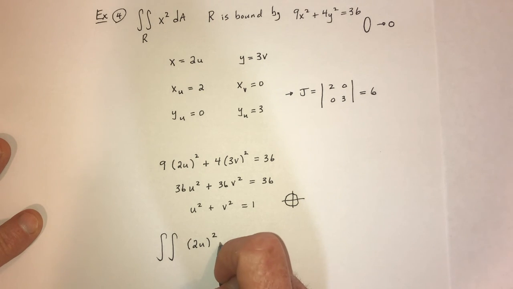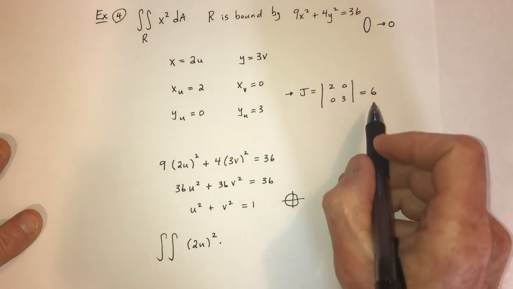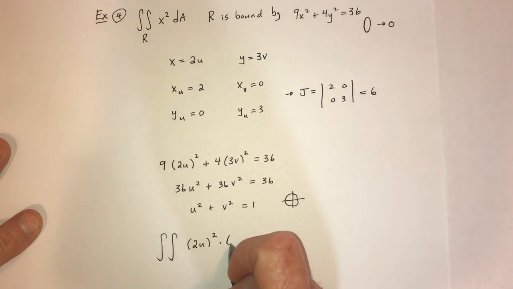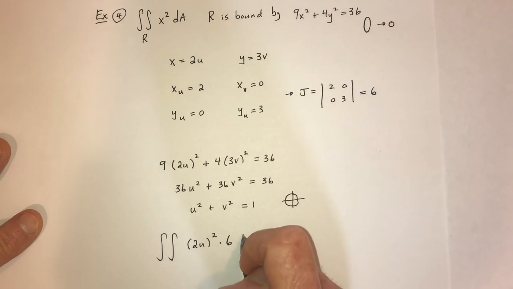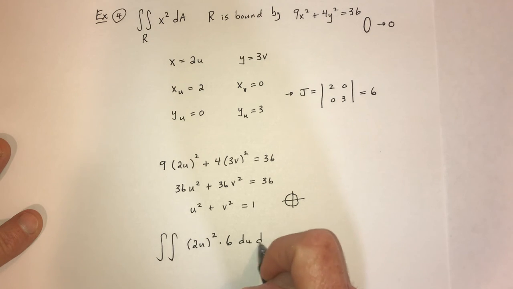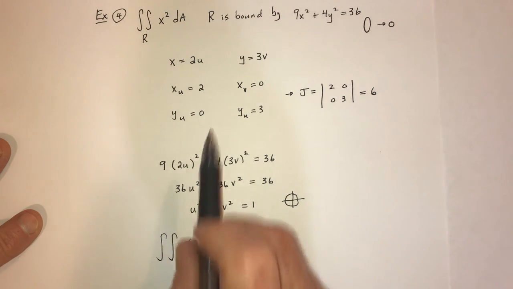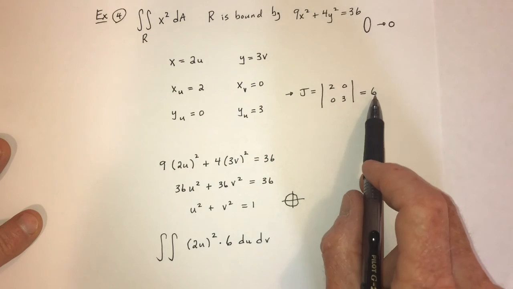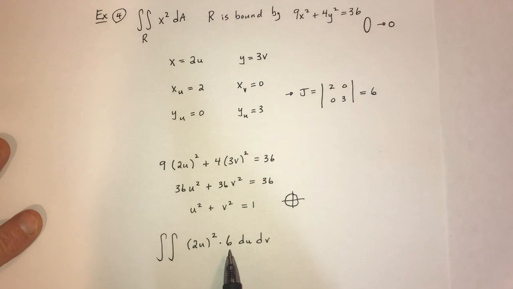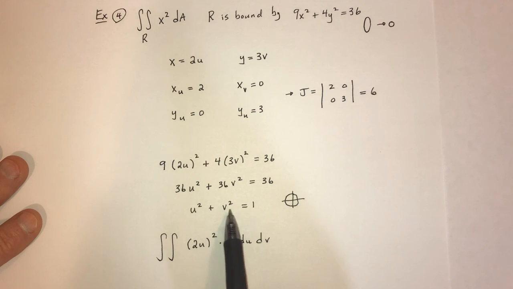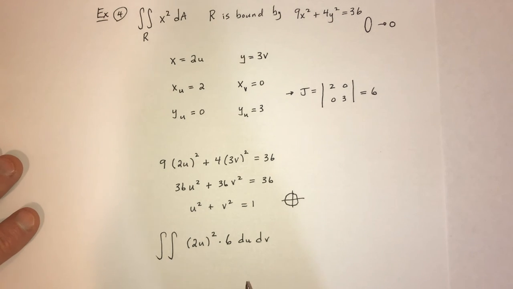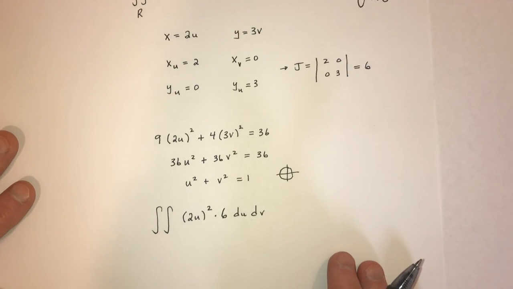And then it's times the Jacobian, so times 6. And then du and dv. So that's just the basic substituting these in and the Jacobian. And then with the limits, I could solve for v and it would be the square root of 1 minus u squared and start putting that as the limits. But it would be easier to change this to polar.